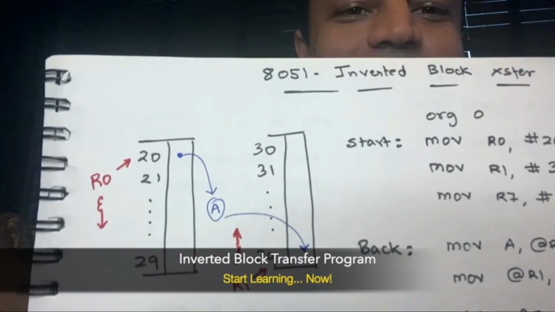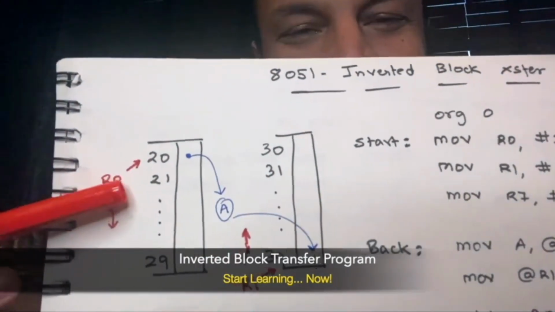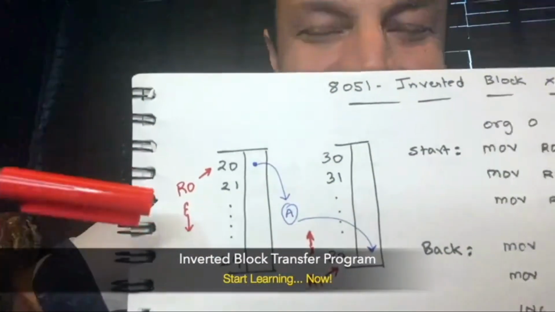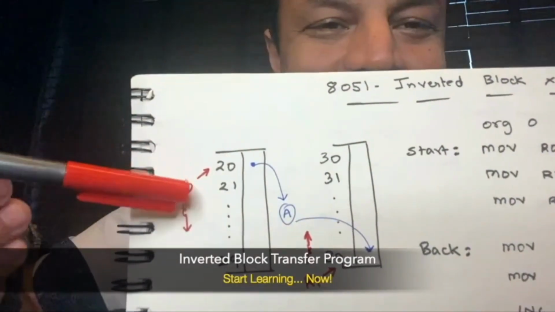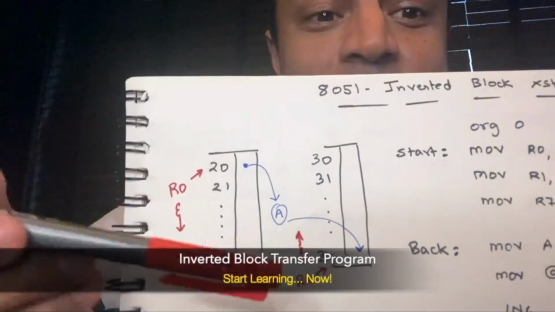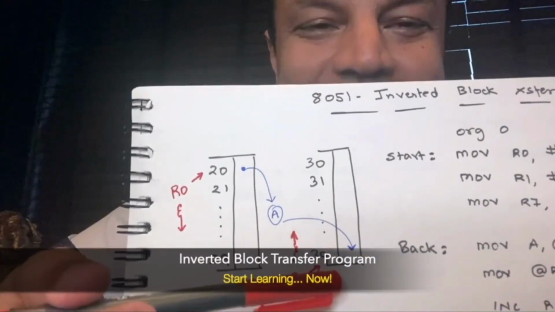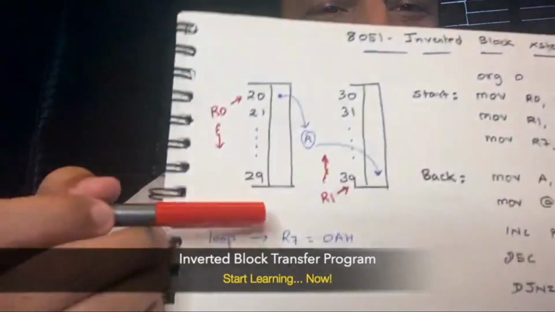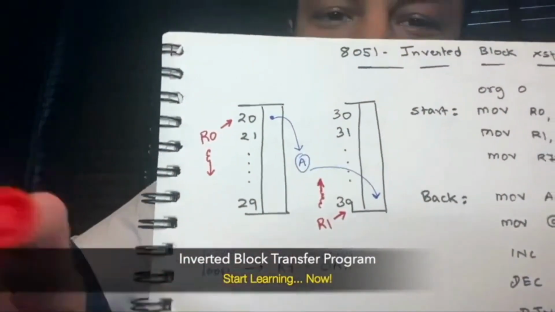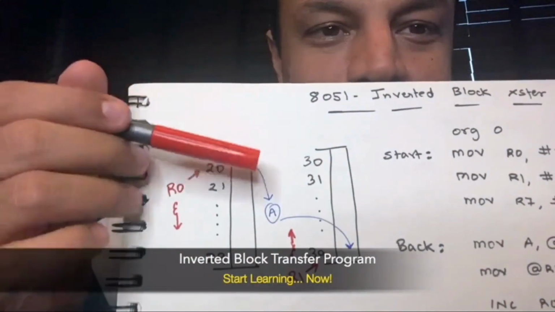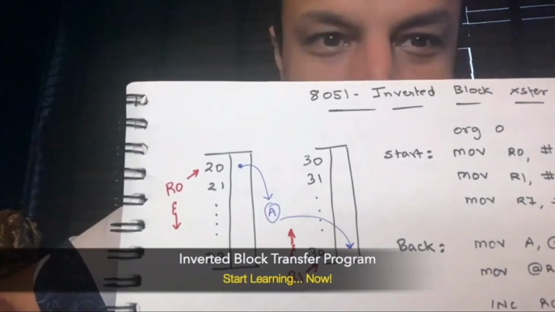So, what is the idea? Initialize R0 with 20. Correct. Initialize R1 with the last address, 39. Initialize R7 with your count 10, as usual. Take the data pointed by R0 into A, correct?